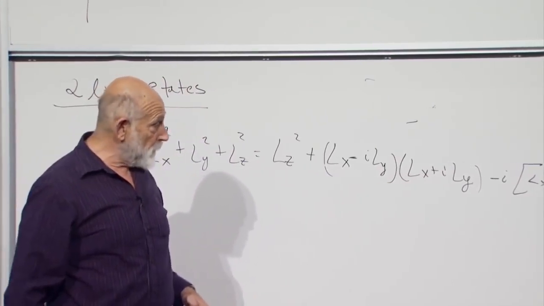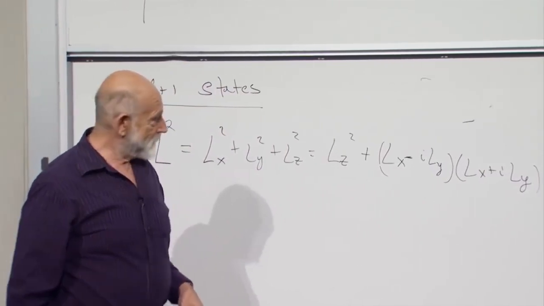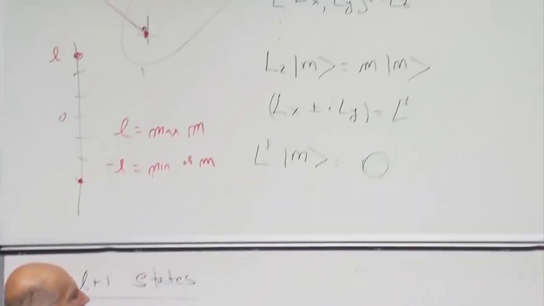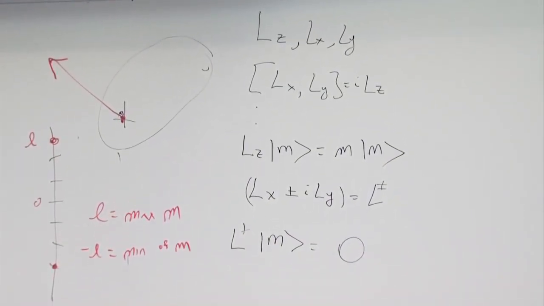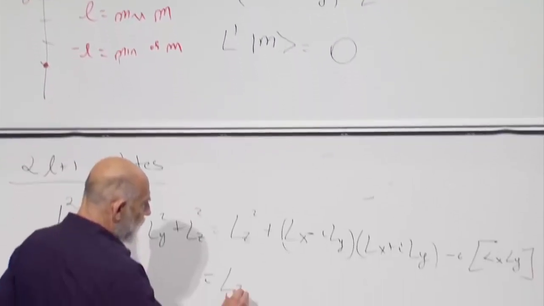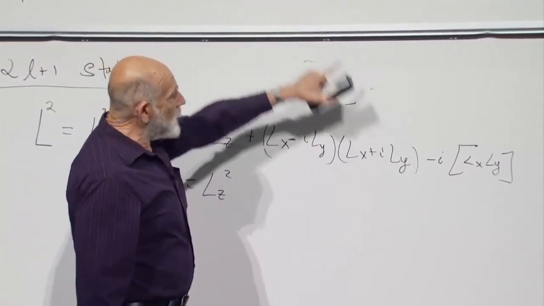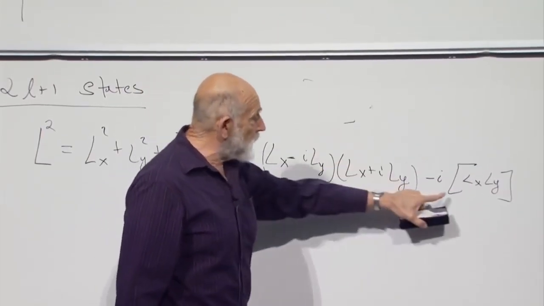Okay, so that's straightforward. But what is the commutator of Lx with Ly? Lx with Ly is ILz. So this is equal to Lz squared. Now, we're going to get an I from the Lz. There's an I here, and then there's another I from the commutator.